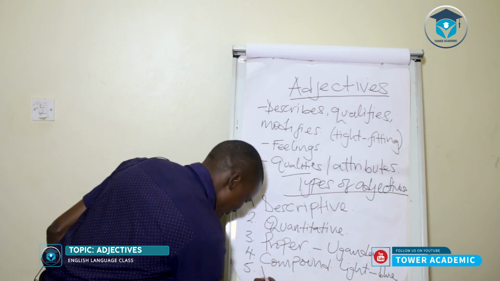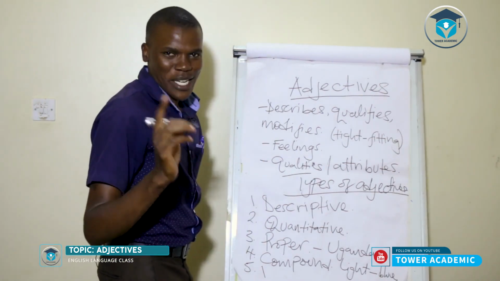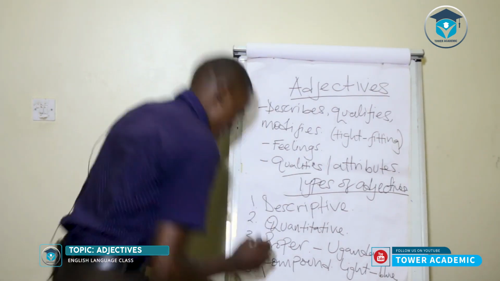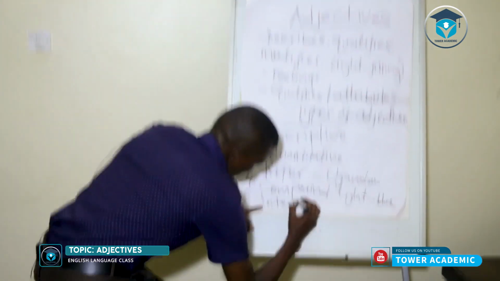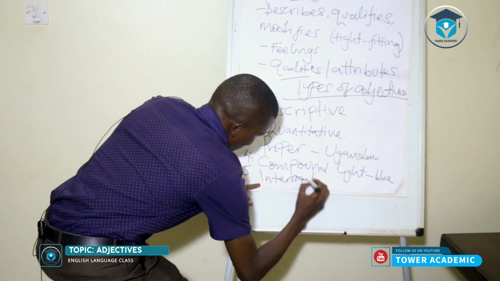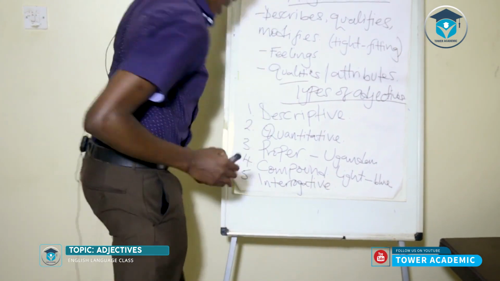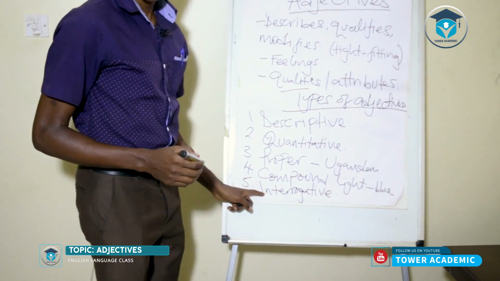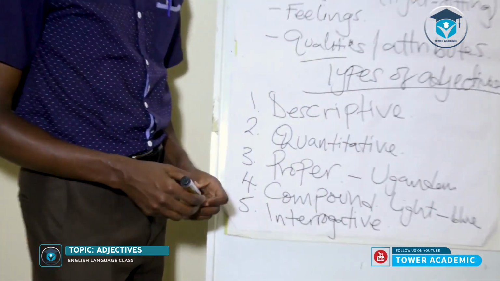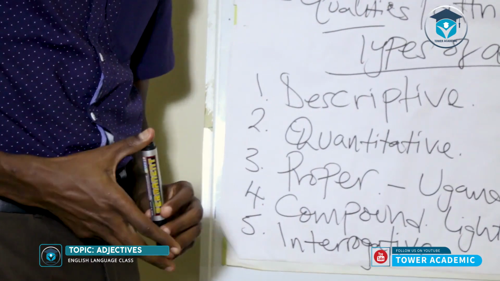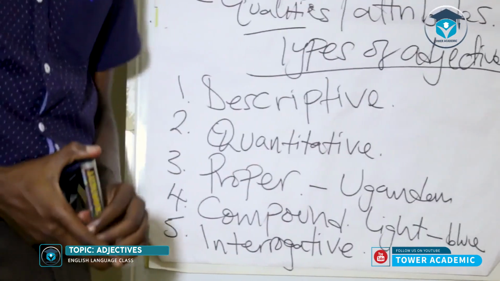I think you must be thinking at a faster rate than I am. Exactly. Here it is. The interrogative type of adjective. This interrogative type of adjective describes a noun.